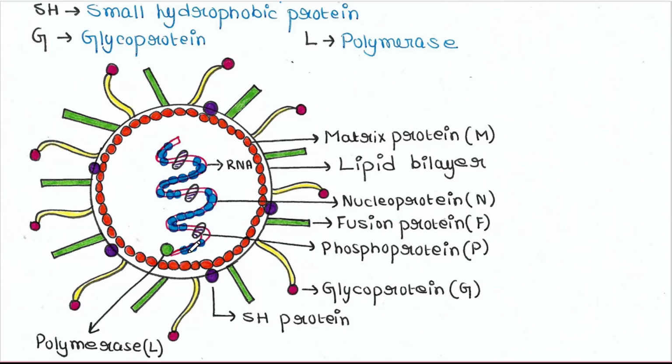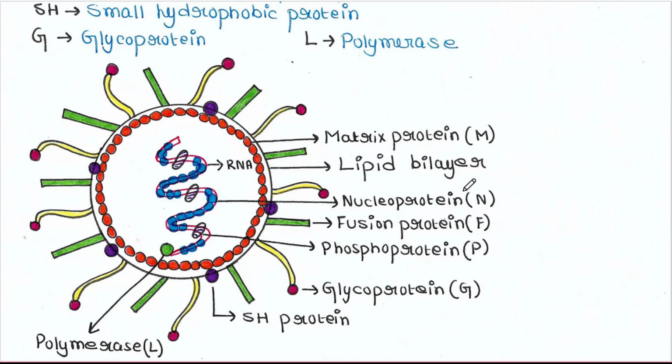In the RNA, you can see nucleoproteins, these blue ones, nucleoproteins N. Here is the polymerase L and one more, phosphoprotein P.